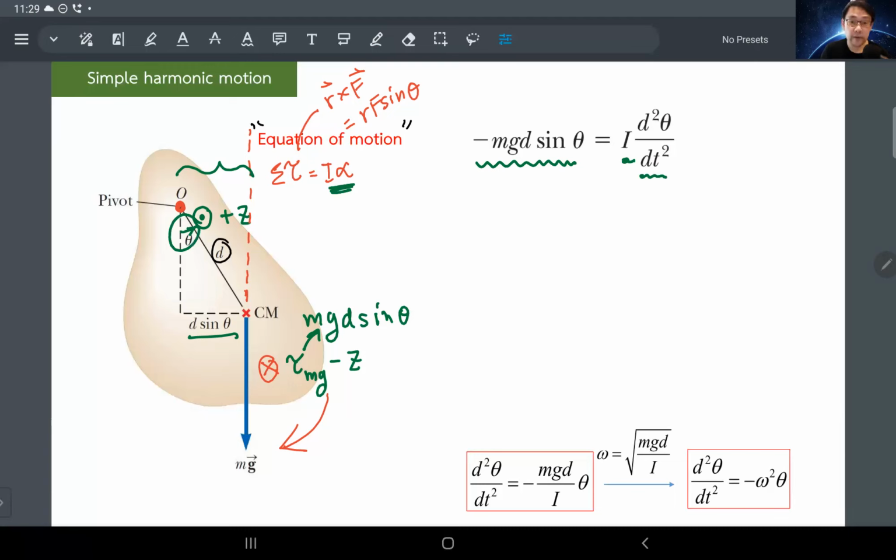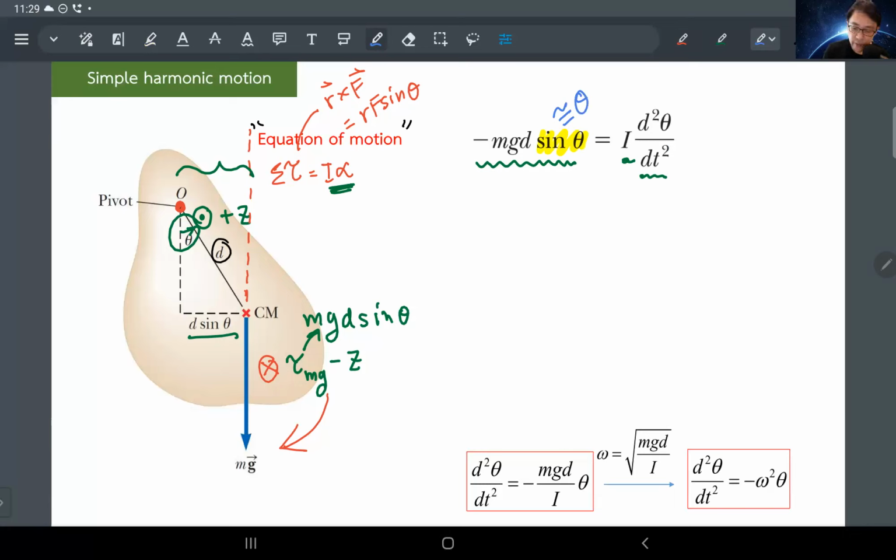Cool. Now can you solve this equation now? Almost, except this annoying sine theta. But we had no problem before, and now we're going to have no problem either. I can approximate this one to be theta when the angle is not that big.